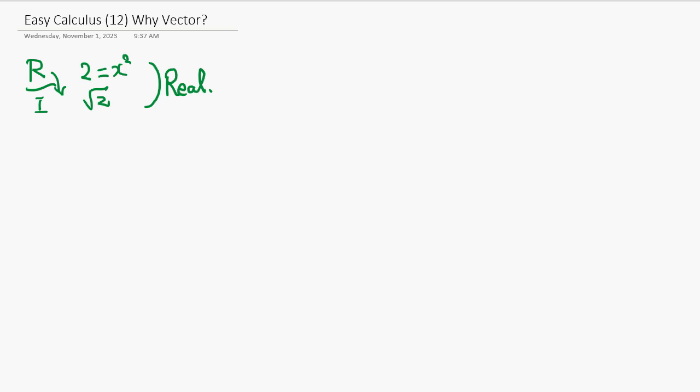Then some algebraic equations you cannot even solve because sometimes you get the square root of negative 2. What to do? So we introduce the imaginary number. The imaginary number is not within the real numbers, so we include that and call it the complex number.